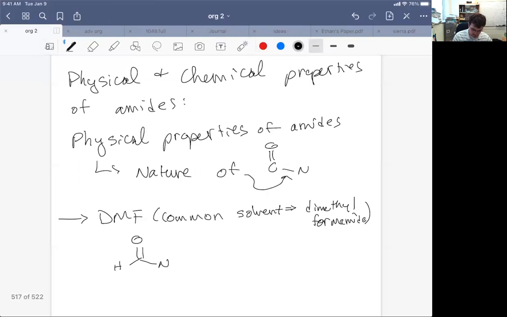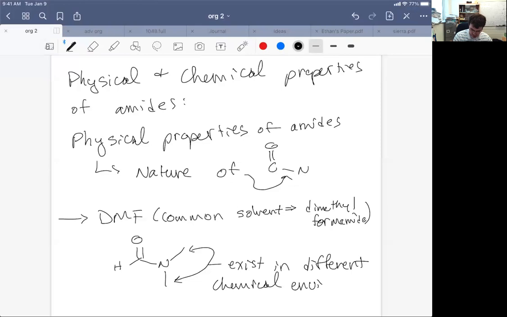Now, the dimethyl corresponds to the groups attached to the nitrogen. DMF has two methyl groups. Now, both of these methyl groups exist in different chemical environments according to NMR.